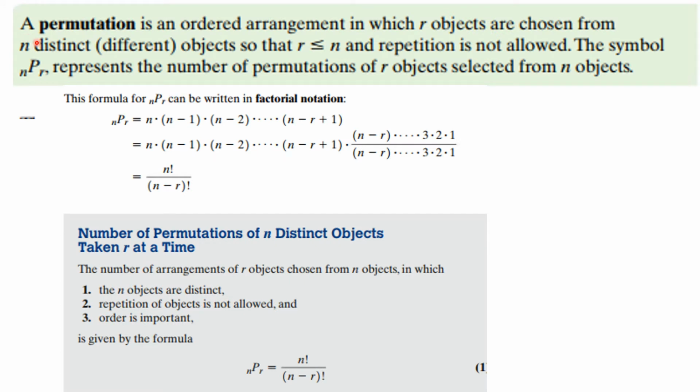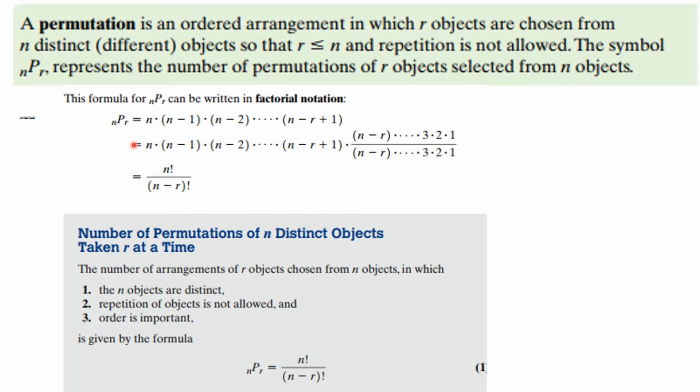Now, sometimes order matters. So a permutation is an ordered arrangement in which r objects are chosen from n distinct objects. And r has to be, of course, less than or equal to n, and repetition is not allowed. Now we use the symbol nPr, n permutations taken r at a time, to represent the number of permutations.